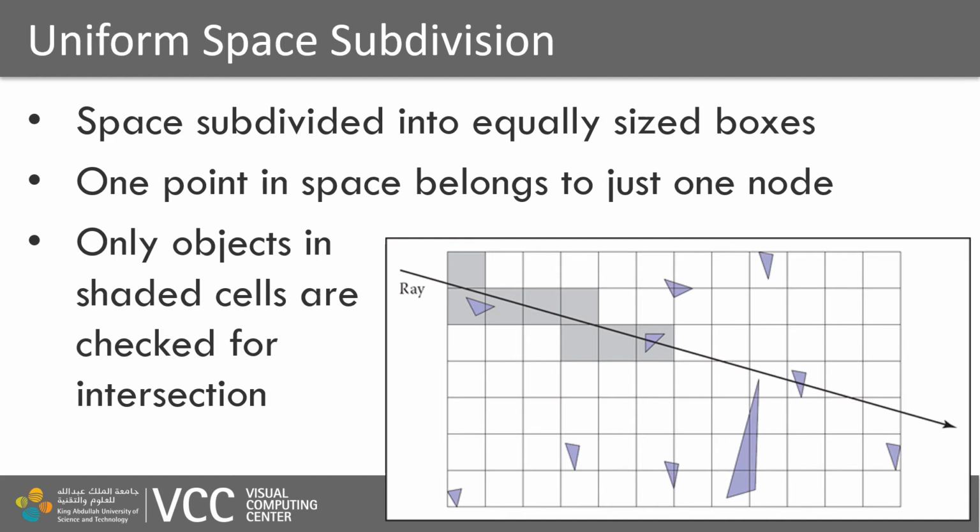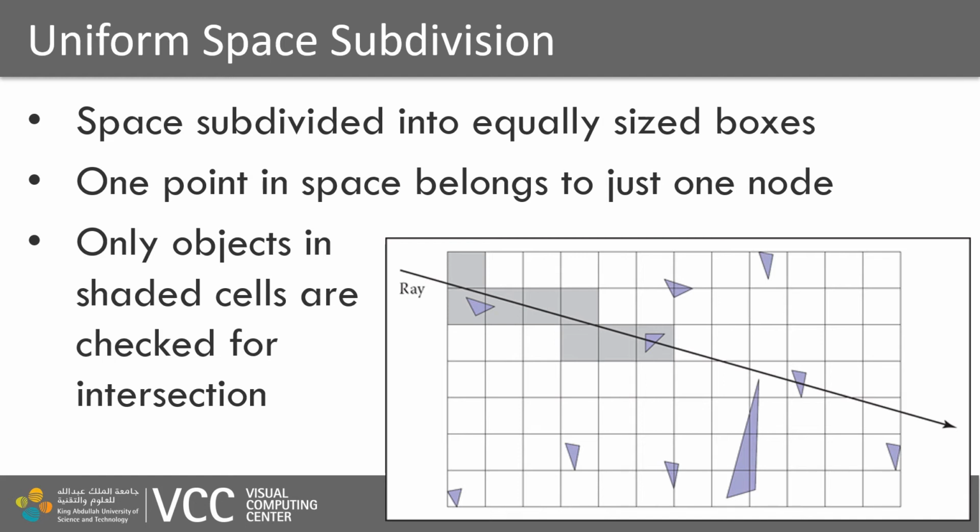This would mean that we will, in each of these cells, store information whether an object is present, at least partially, in such a cell. And if that's the case, then we are intersecting this cell, then we will have to check for a more thorough intersection with the actual object.